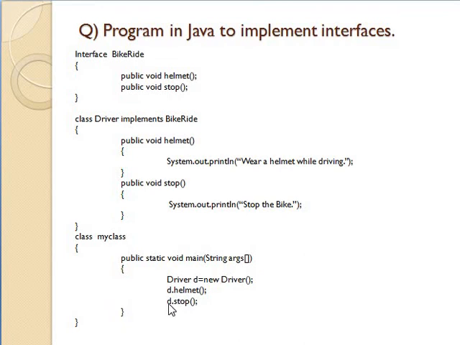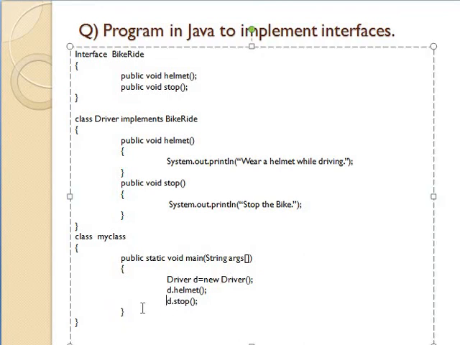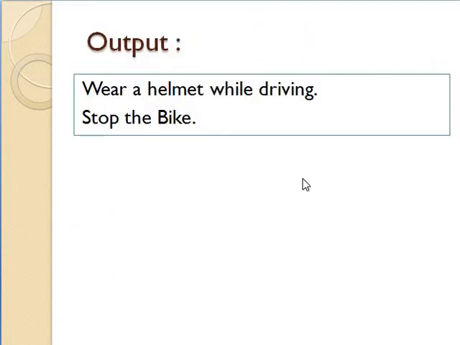Just after the execution of the method stop, the main method ends with the closing curly brace, and the class which contains the main method also ends with this closing curly brace. As a result, the output that you got was this.